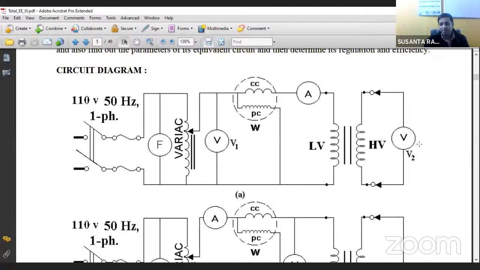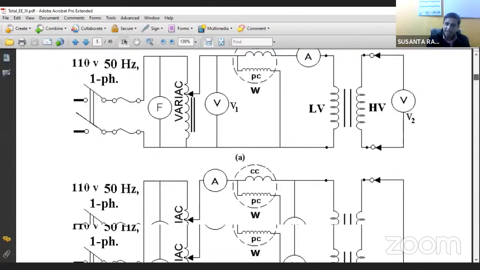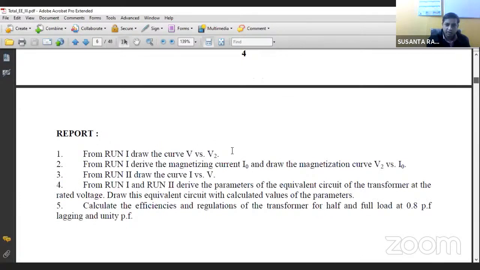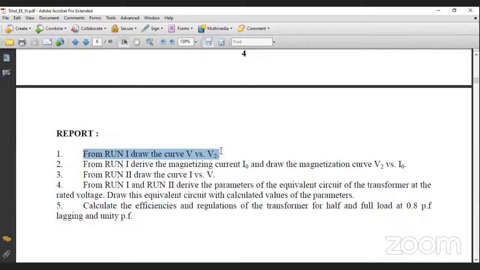So there is a plot of curve, I think, in the report. You see the first run itself. Have you seen this part? Yes, sir. We track the V1 versus. Yes, we want to see whether the V2 is getting saturated with respect to V1 or not.